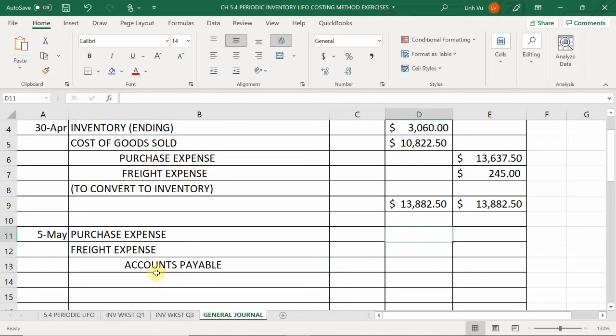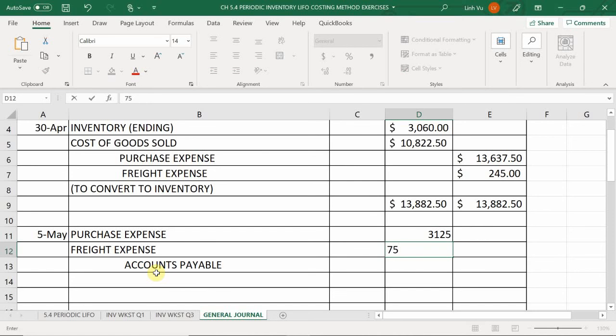And then what are my values here? If I purchased 500 units at $6.25 each, my total purchase is $3,125.